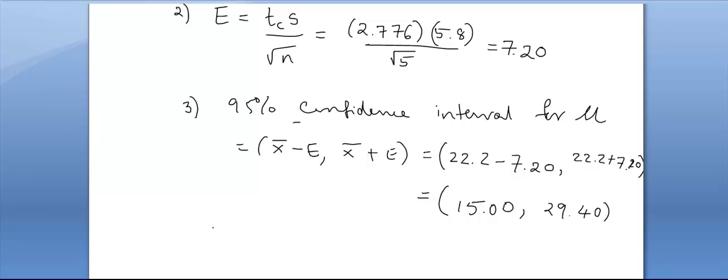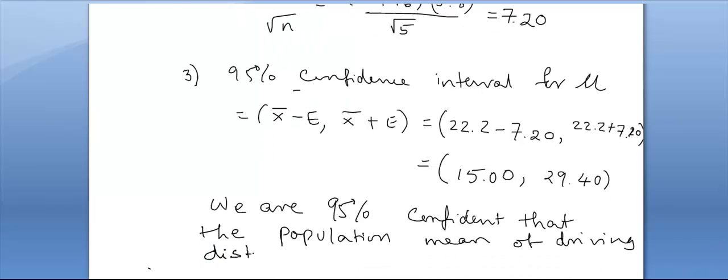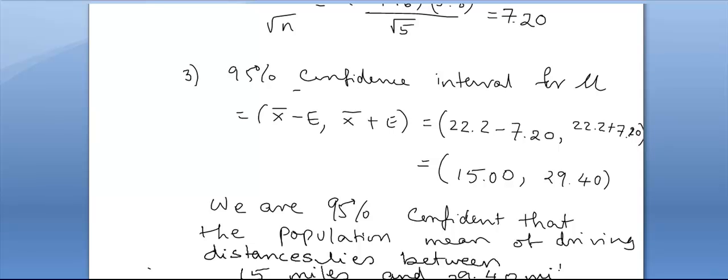And how do we interpret this answer? We can say that we are 95% confident that the population mean of driving distances lies between 15 miles and 29.40 miles.